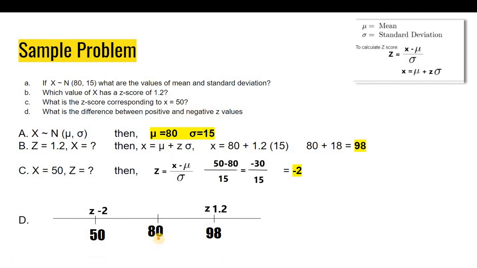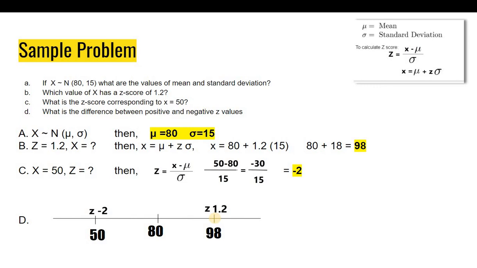Now, z-score of 1.2. So, how did we determine that? Kasi, z is equal to 1.2. That's positive. Z is equal to 1.2 positive and then that's equivalent to 98.